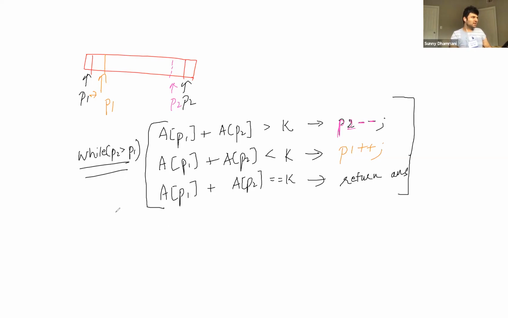Can you all think what the time complexity is now? At worst case, it will be around O of n. So yeah, it's order n time complexity.